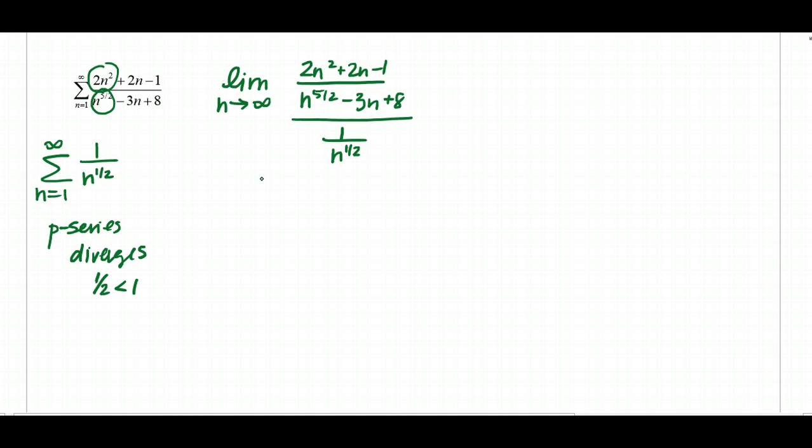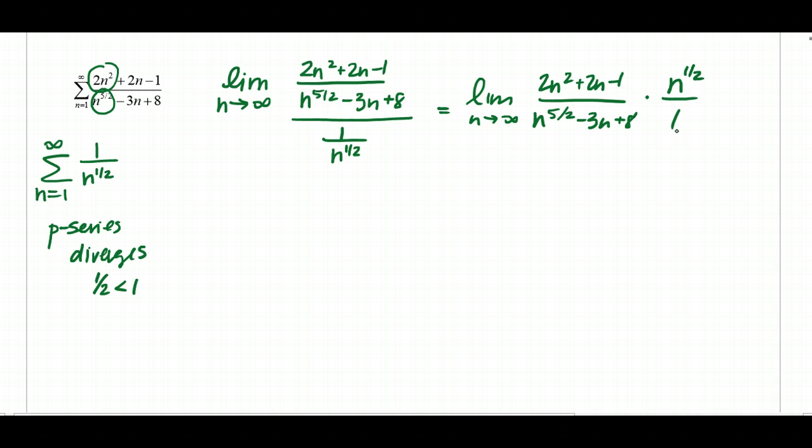So now when I multiply by the reciprocal, this is the limit as n approaches infinity of 2n squared plus 2n minus 1 over n to the 5 over 2 minus 3n plus 8, times n to the 1/2, which moves to the numerator over 1 when I multiply by the reciprocal. And so these are being multiplied here. So the dominating term in the bottom is still n to the 5/2.